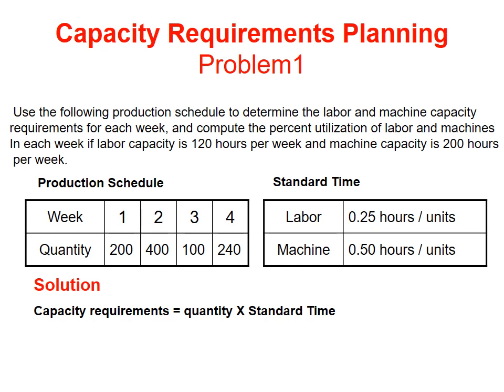Standard time labor, we need 0.25 hours per unit from labor force, and from machines we need 0.50 hours per unit. Solution: needed to calculate capacity requirement, which equals quantity times standard time.